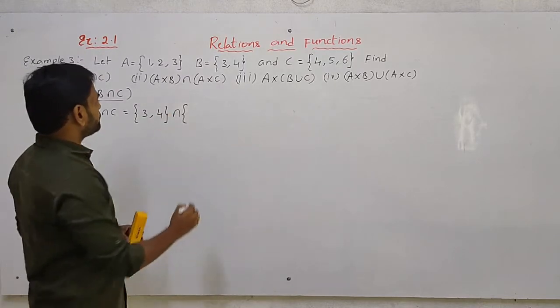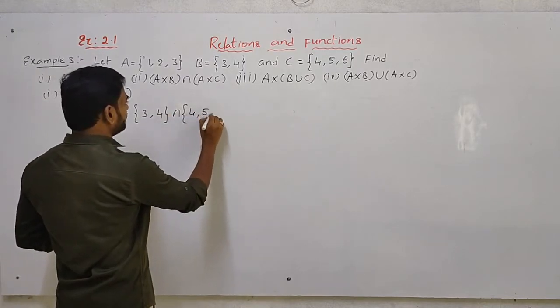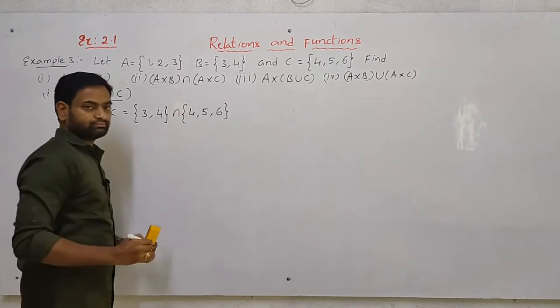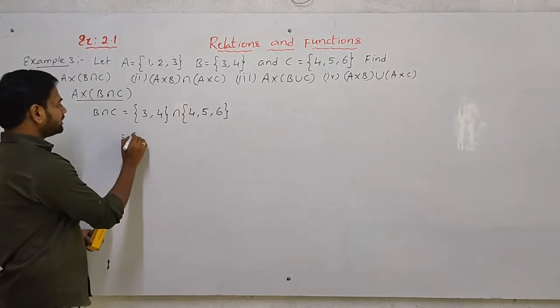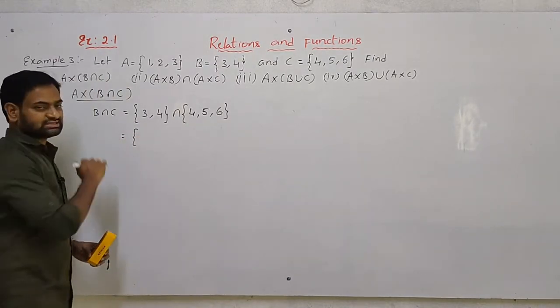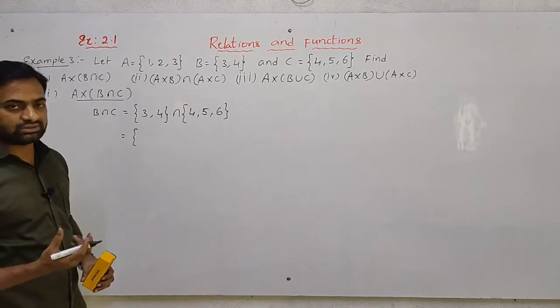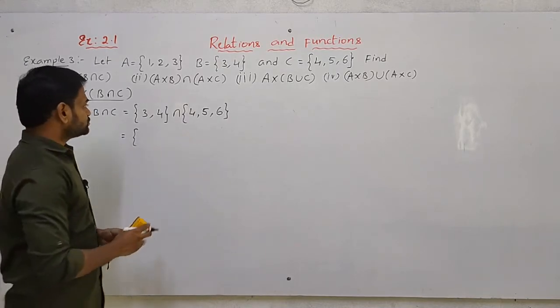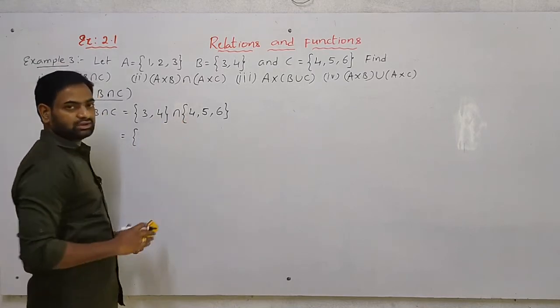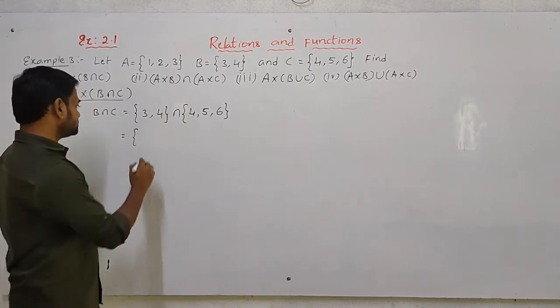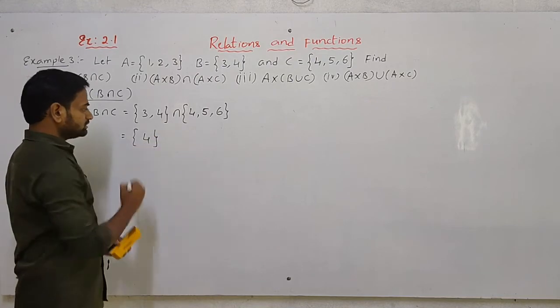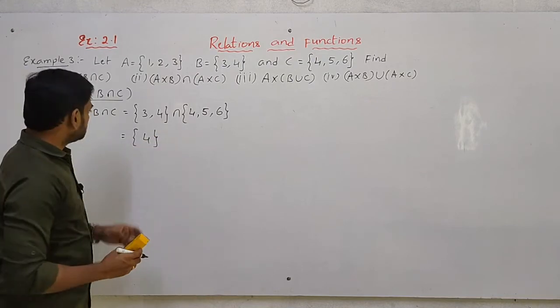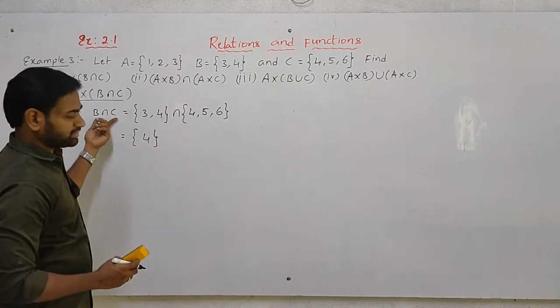C is {4, 5, 6}. Now, what is the intersection? Intersection means common elements for these two sets. So 4 is the only common element for these two sets, that is 4. That is the B intersection C.